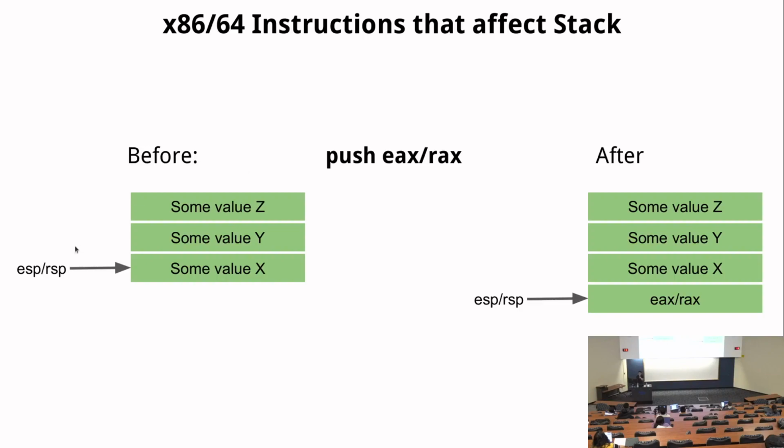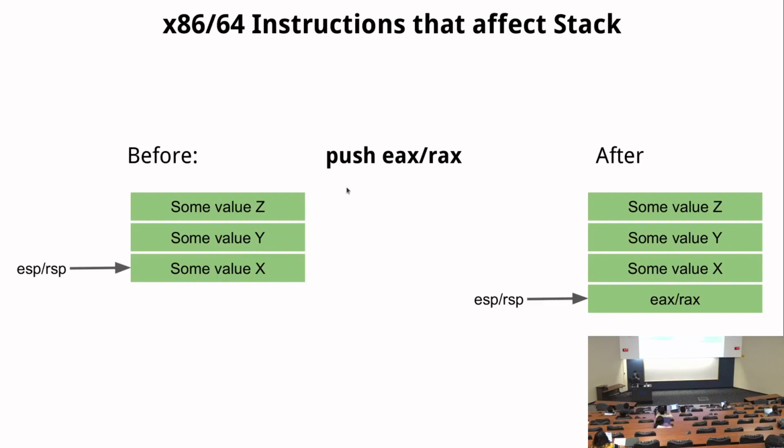Let's say before we execute the instruction, the stack looks like this. The top is a higher address, the bottom is a lower address. ESP points to some value X. Adjacent to X, there are Y and Z at higher addresses.